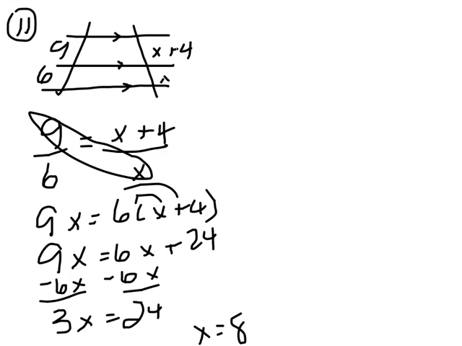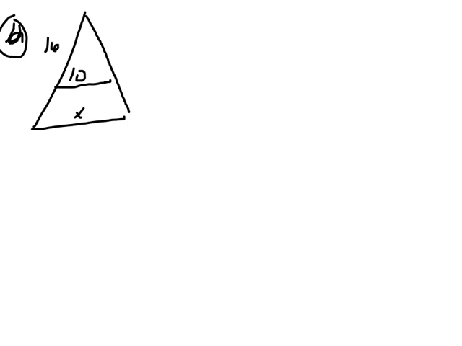12, I see something tricky about it. When I look at 12, here's what I think is tricky about this one. First of all, they didn't tell us that we had parallel lines, did they? They look kind of parallel, but they didn't tell us that. And let's see, we have 16, 14, 4, and 3.5.